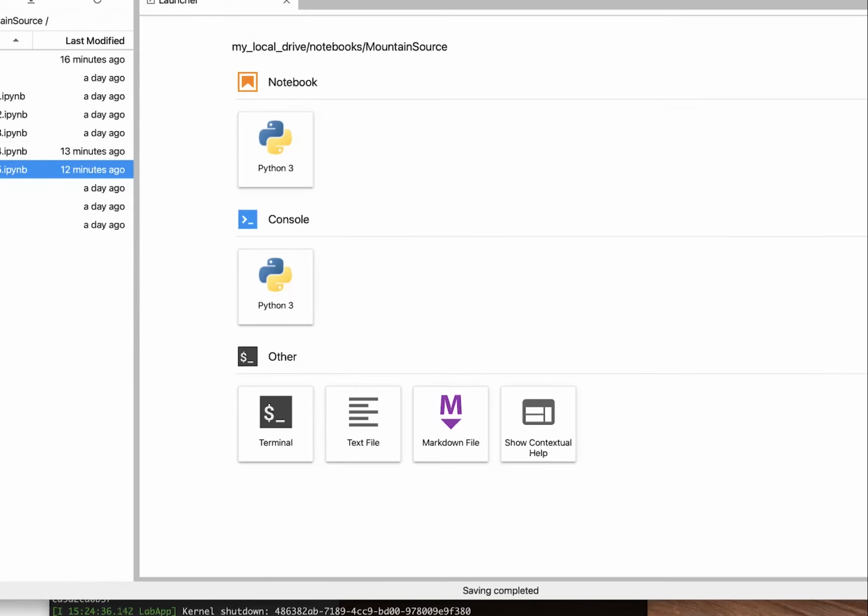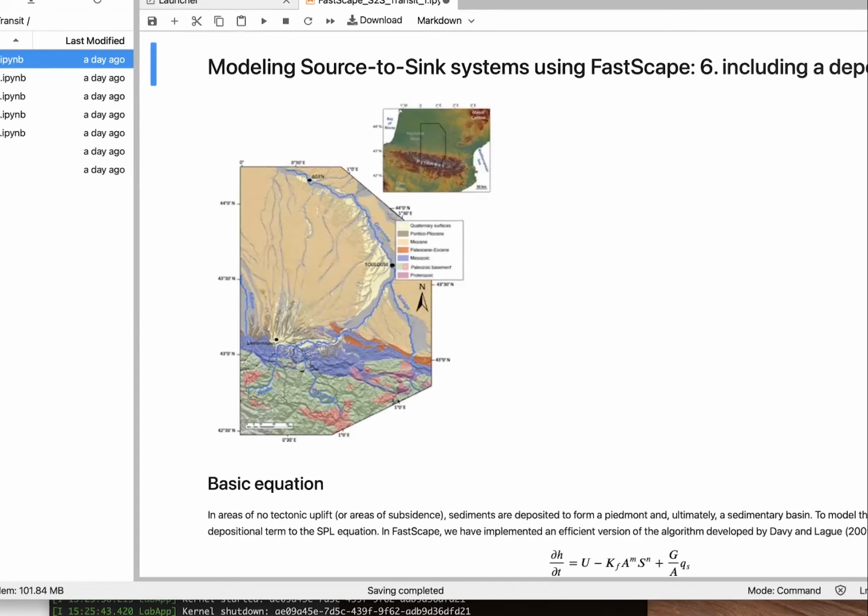Notebooks, and let's go into the basin transit, the second part of the S2S system. Let's open the first one. So you know the little picture has changed now. I'm showing you a figure of the famous, forgetting the name of it.